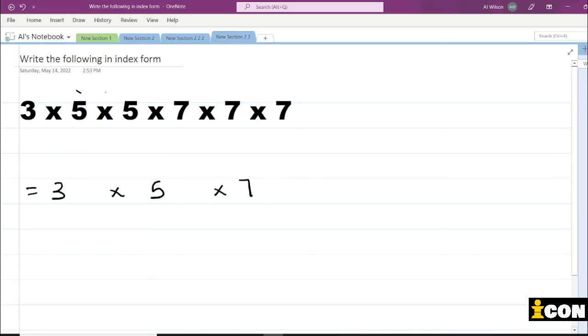Then we have 5, and 5 happens 2 times. Then we have 7. That happens 3 times. As a result, our answer is 3 times 5 to the 2nd power times 7 to the 3rd power. And this is the answer in index form.